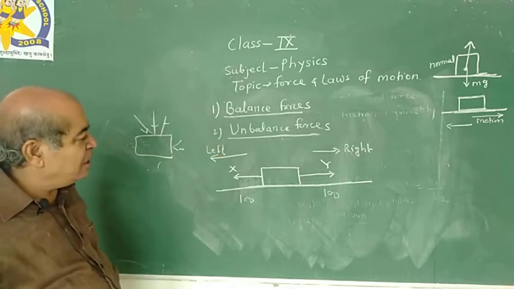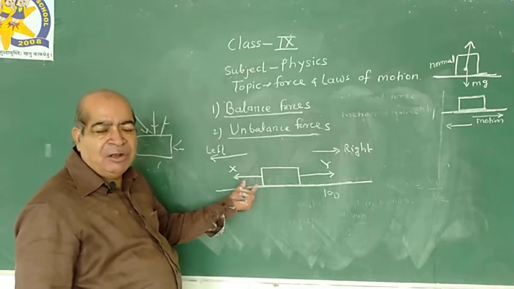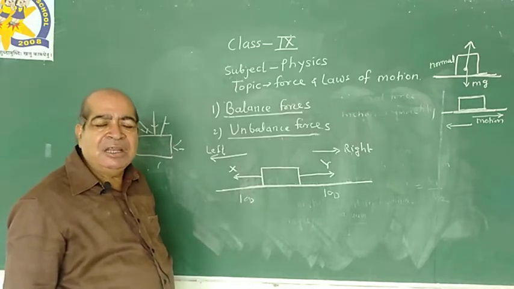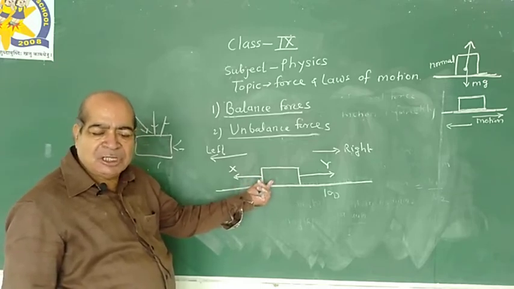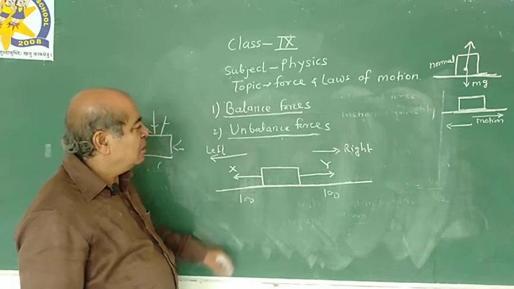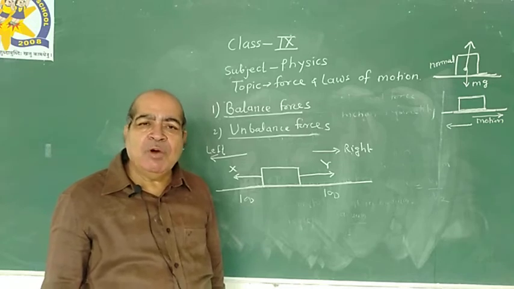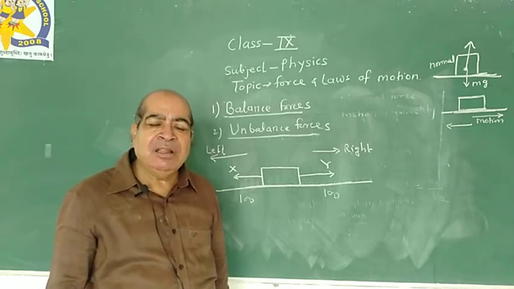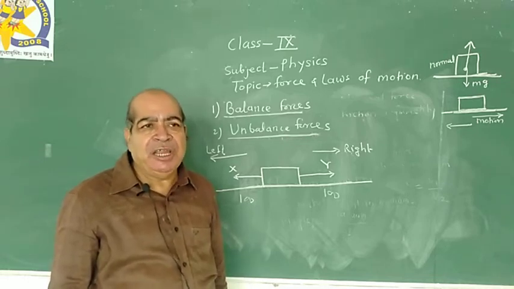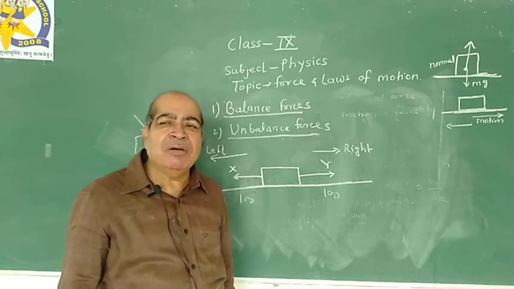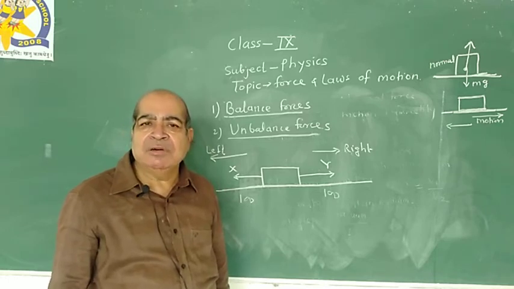Now then, what are the unbalanced forces? When only X is applied, or when only Y is applied, then in that case it changes the rest position of the object. Therefore, unbalanced forces are defined as when two or more forces acting on the object simultaneously change the state of rest or the state of uniform motion of the object, they are called the unbalanced forces.